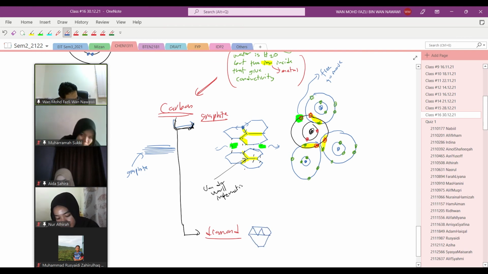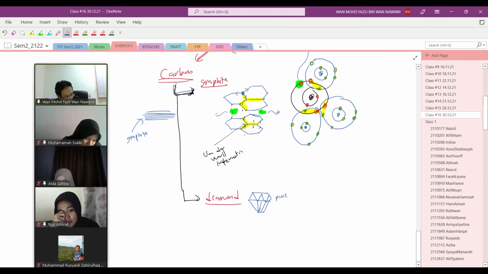Diamond is also pure carbon. Graphite is also pure carbon. Let me draw the pencil so that you remember later. Graphite and diamond are both pure carbon, but diamond is not a conductor.